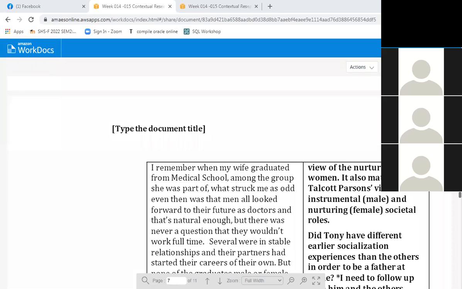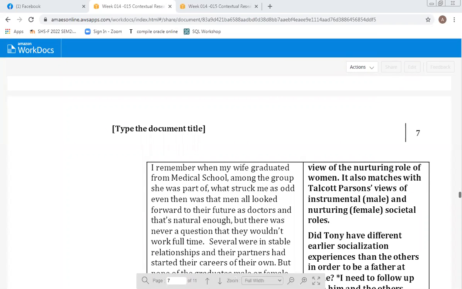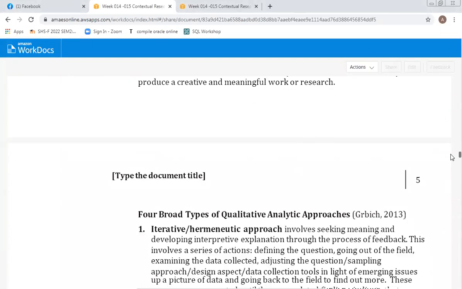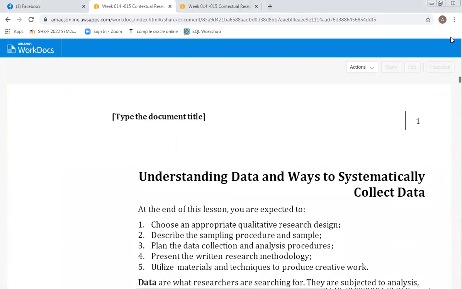So share screen lang ako ha. So this was our topic, ways to systematically collect data or understanding data.